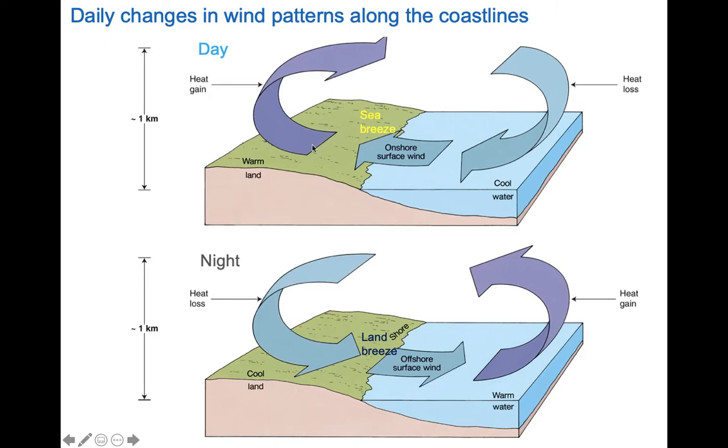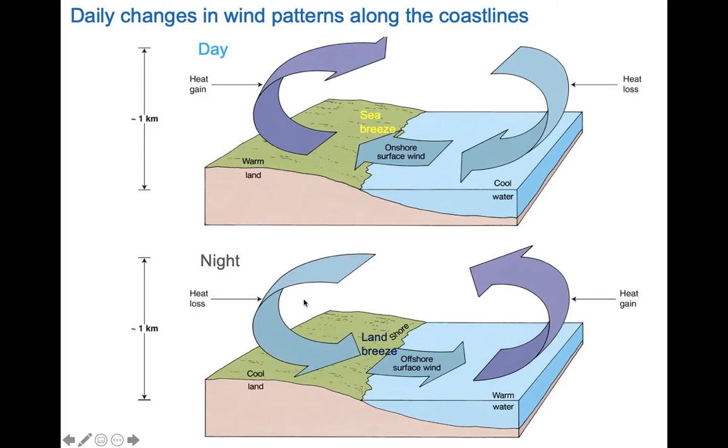To replace that rising hot air, cold air moves in from the ocean into the land and brings that very pleasant, nice, relatively cool sea breeze, particularly in late afternoons and early evenings.